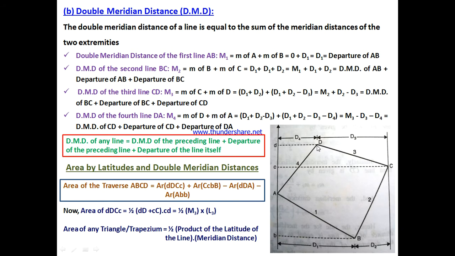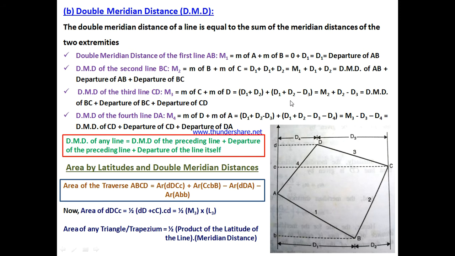For example, to reach up to here we need to move from AB, then BC, then CD. For C we can easily calculate: we move from AB then BC, which gives the meridian distance of point C equal to D1 plus D2. Now for reaching D we calculate D1 plus D2, and since we are moving towards the west direction, it will be taken as negative as in the previous method, so minus D3.